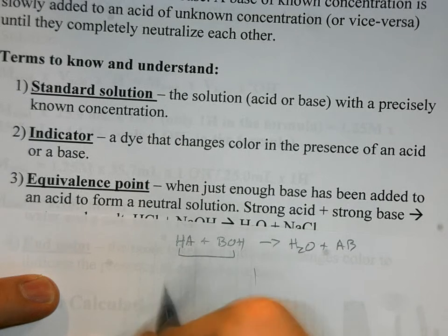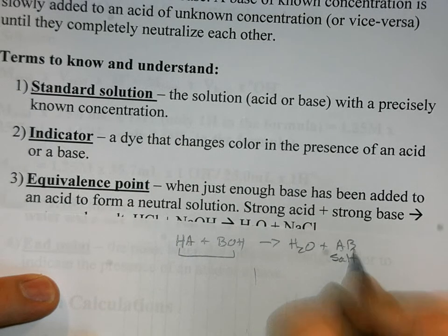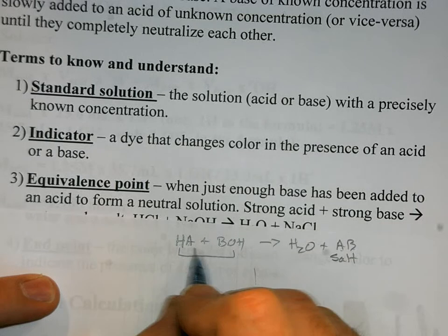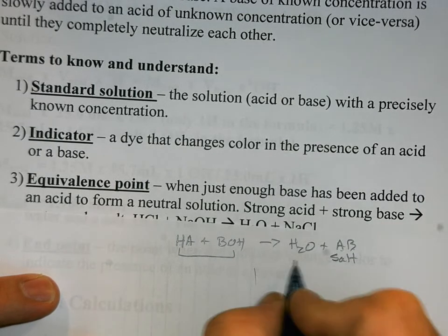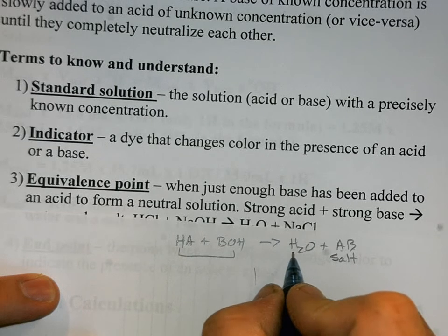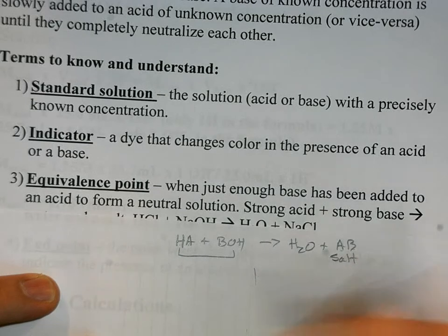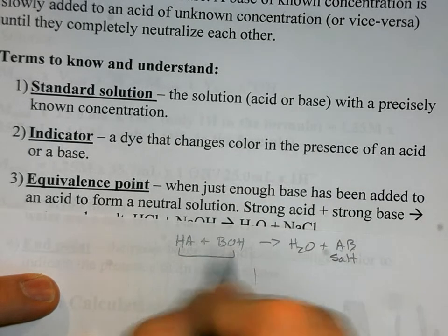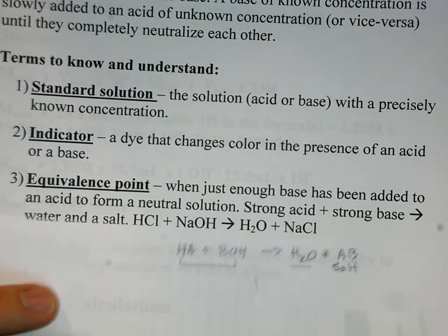This will end up being called a salt, a metal bonded to a nonmetal. I might have said that backwards. I think usually bases tend to be metals, and then the acids tend to have a hydrogen on it, which typically is a nonmetal. Anyway, the basic equation is we add these together and we get water and we get a salt, and this neutralizes.